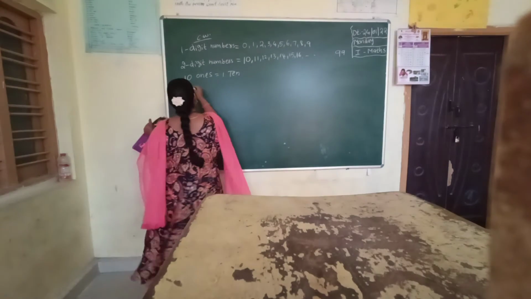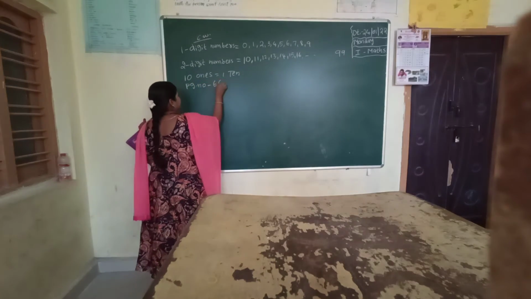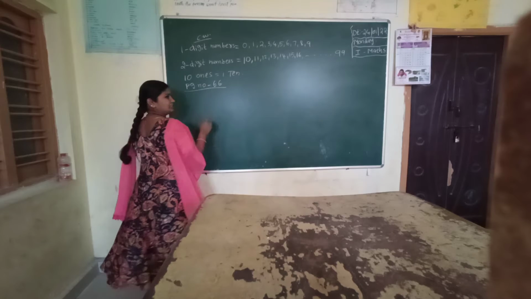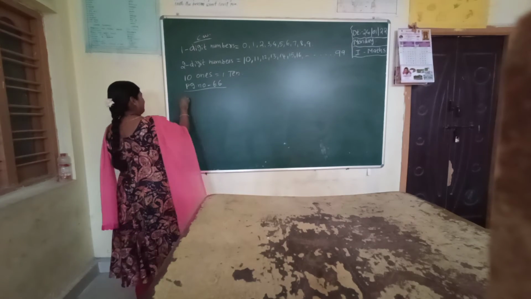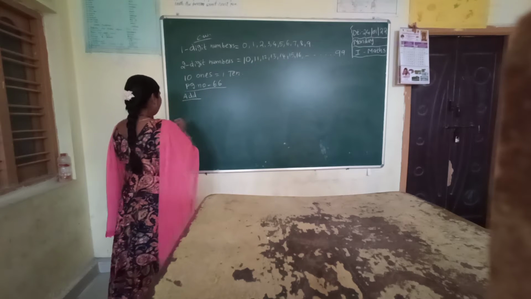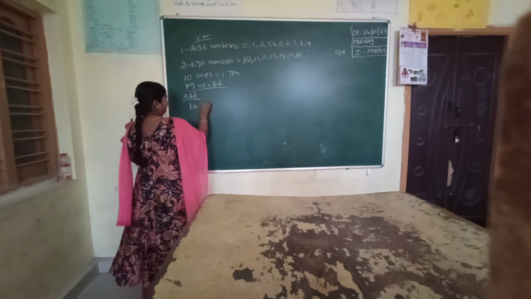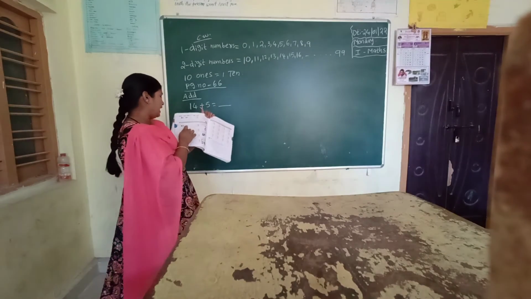Okay. Page number 66. We have the first item, add 14 plus 5. 14 plus 5 equal to dash.